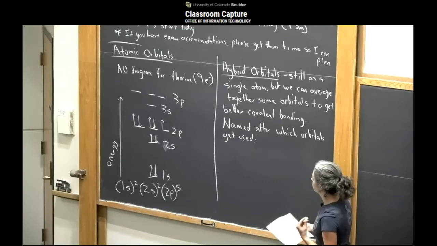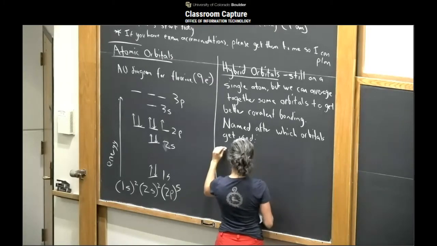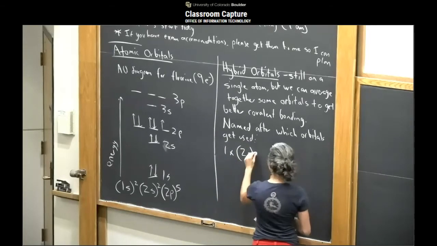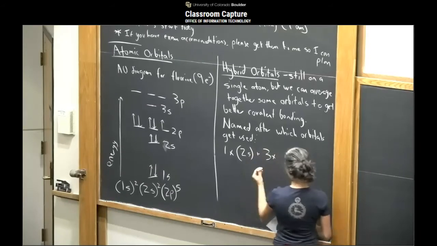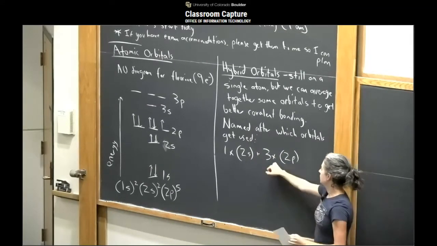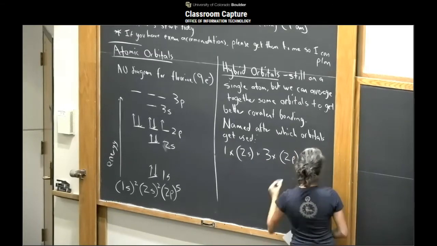So for example, we could average together a 2s orbital plus 3 of our 2p orbitals. And if we do that, we're going to get a total of 4 new orbitals.